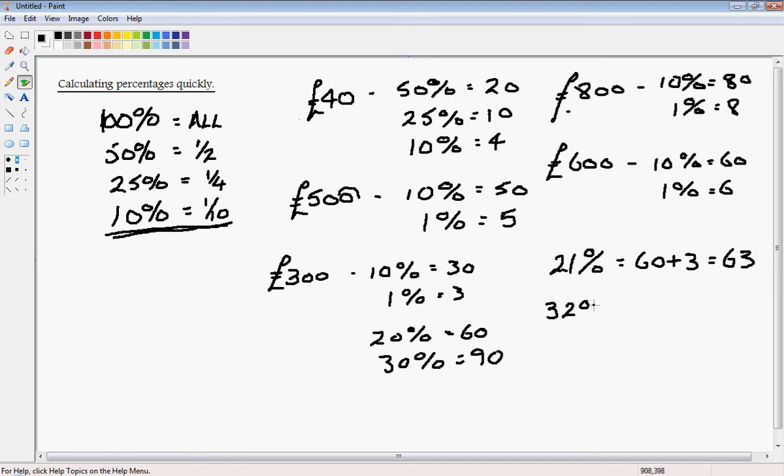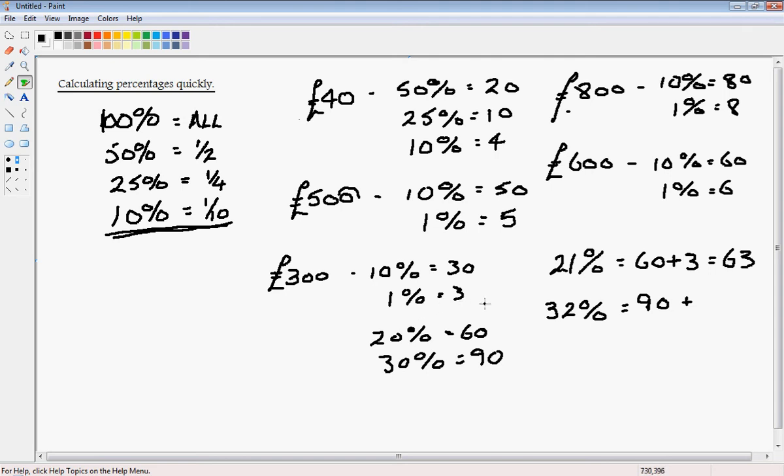So if we had 32%, again 10% is 30, so 30% is 3 lots of this, which is 90, plus I've got this 2%.